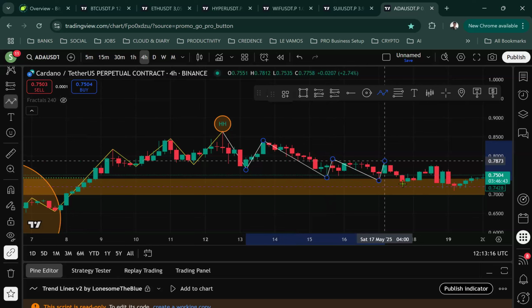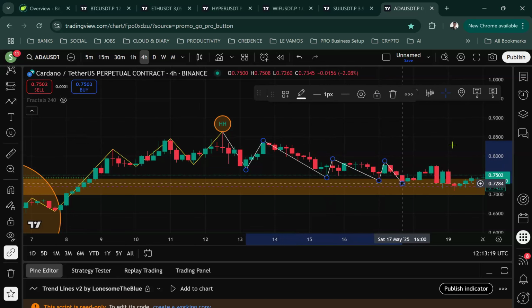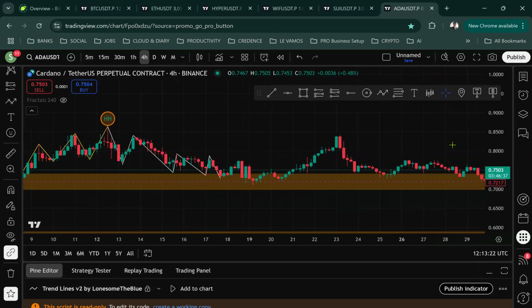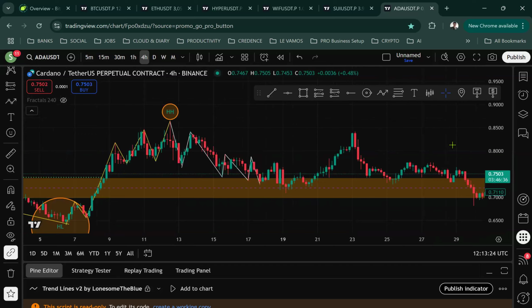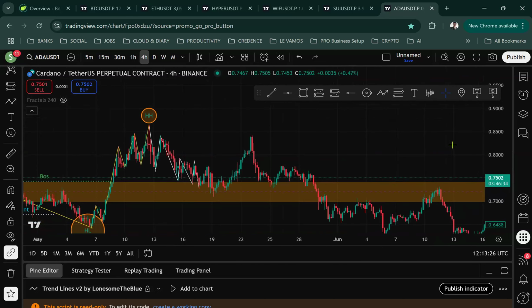Is that going to be a downtrend or is the uptrend continuing? It is going like a downtrend.